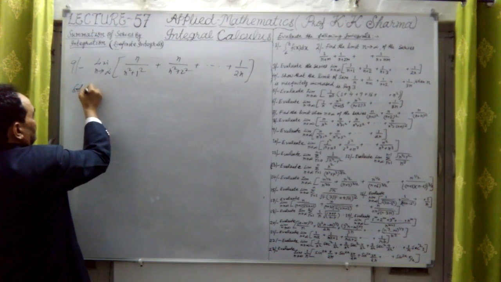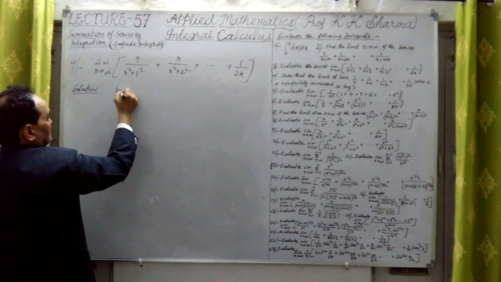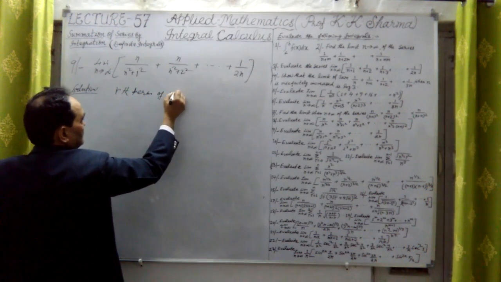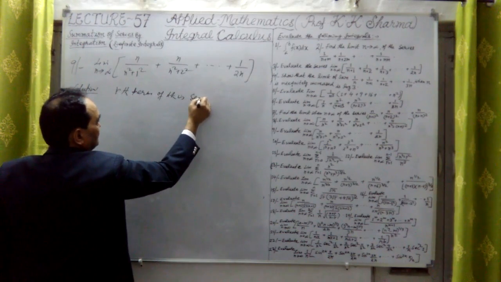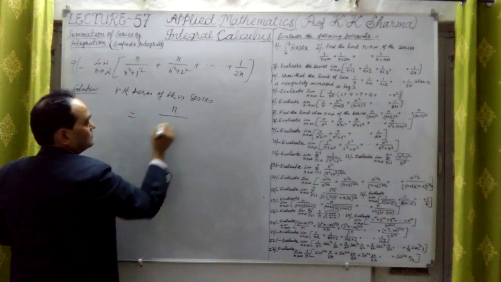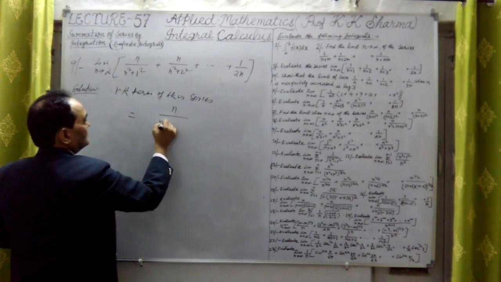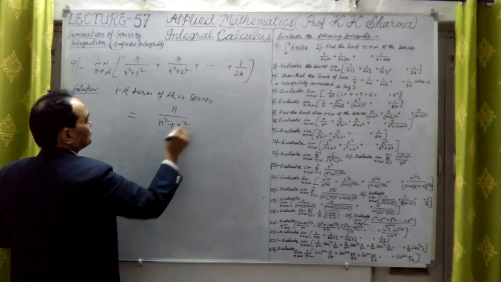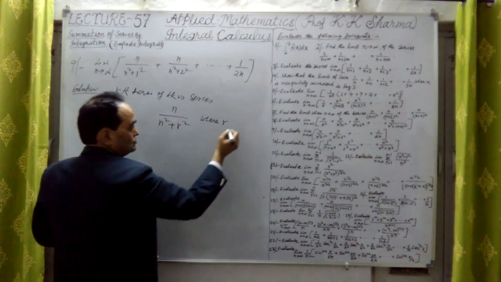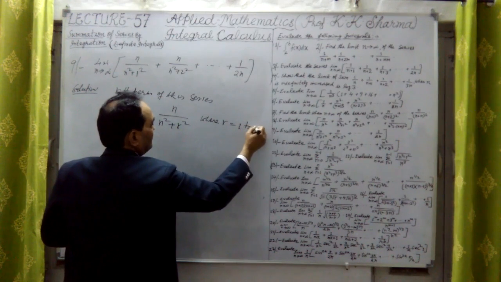Solution here: the rth term of this series is n upon n square plus r square, where r is equal to 1 to n.